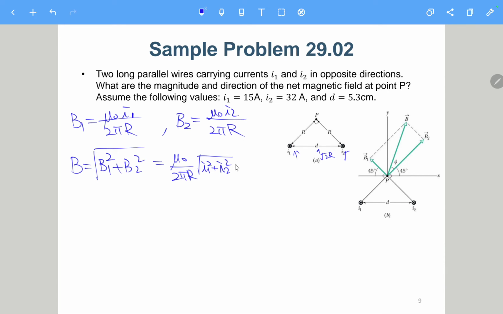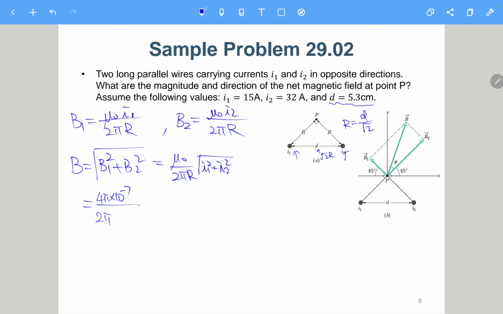Then we can just plug in the numbers. So mu 0 is 4 pi times 10 to the negative 7, and then over 2 pi r. Actually we don't know r yet, we only know d. So we know that r is actually d over square root of 2.